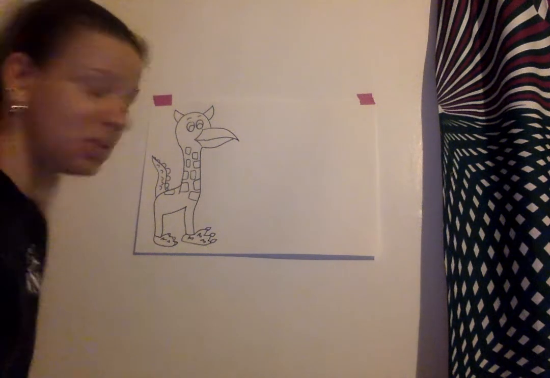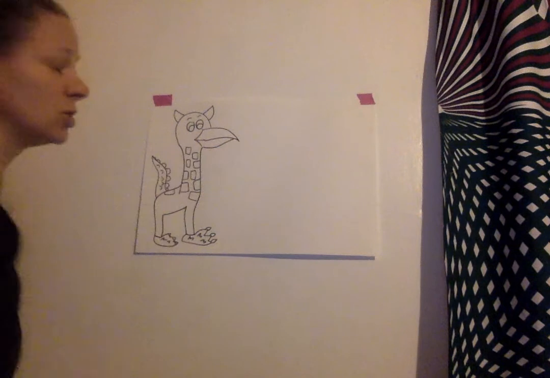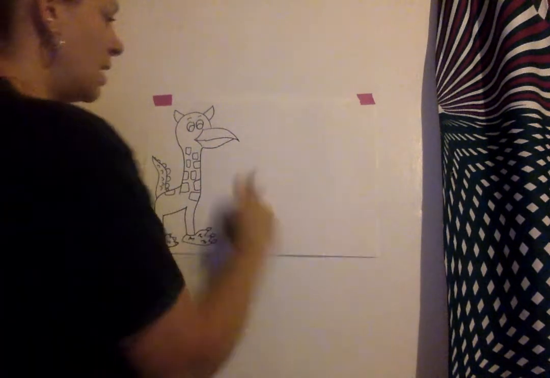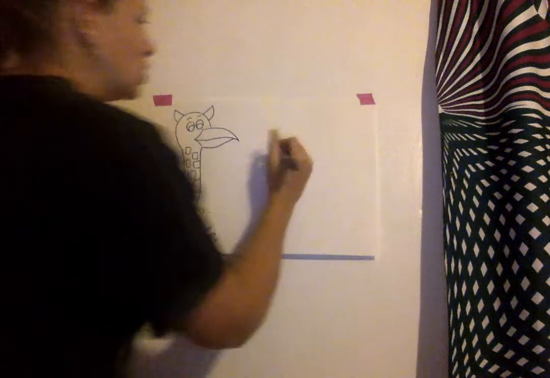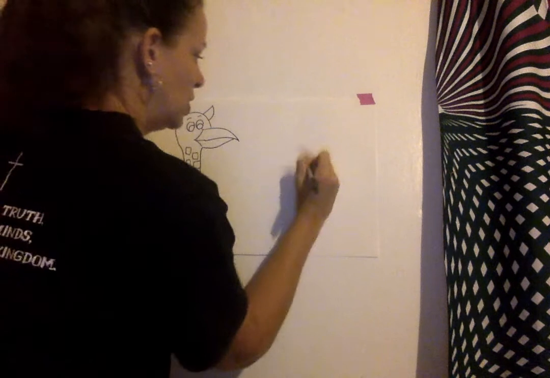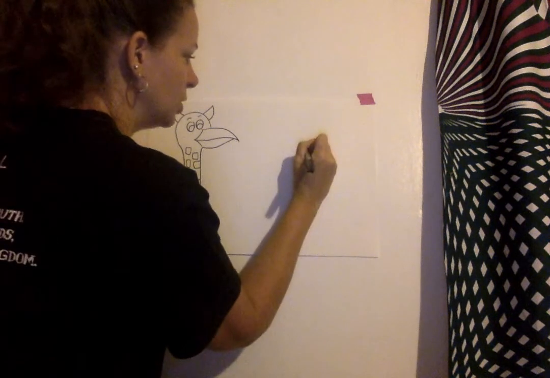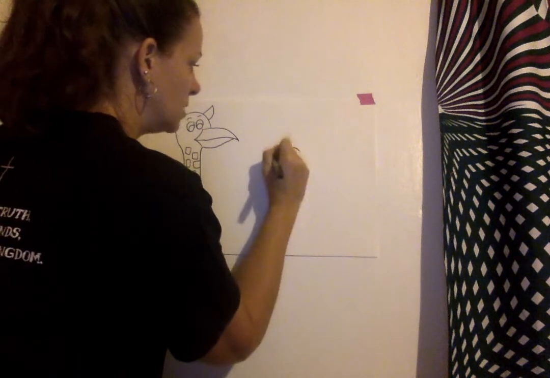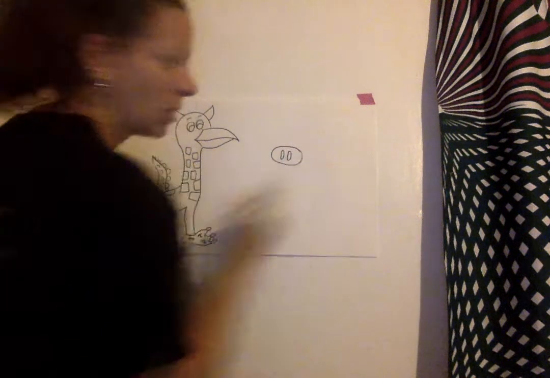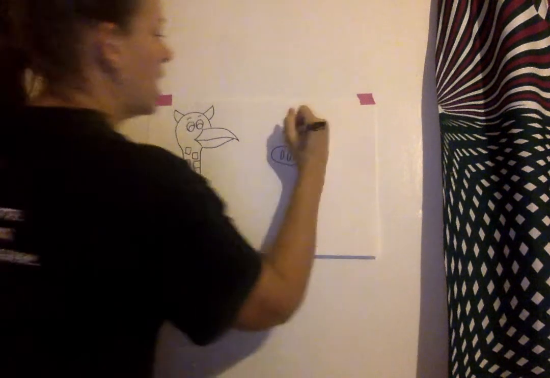Could I add other things? I could add ears, sure. Let me add another one. Let's see, I'm gonna start with a pig nose. And this guy's gonna be shorter. So here's a pig nose. And then I need to add the eyes.